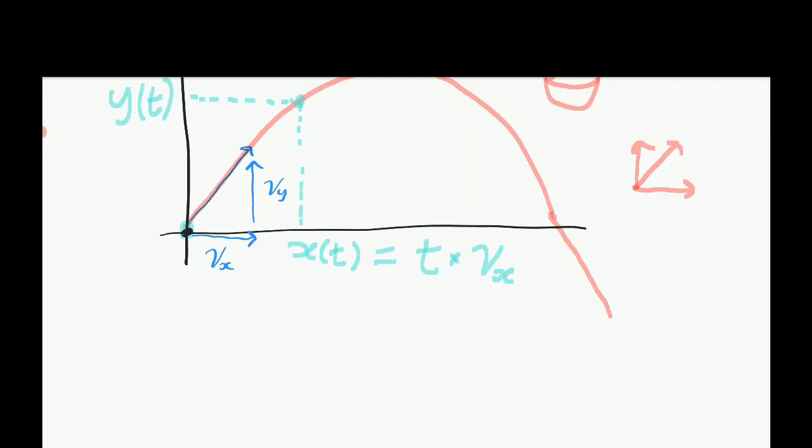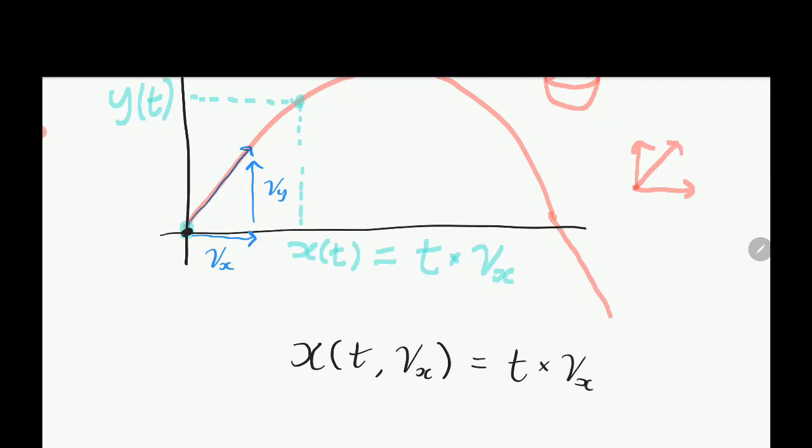So at the moment, I've written x of t equals t times vx, but really, it will probably be more sensible to say that this displacement x depends on the time and the velocity, and it's equal to the time multiplied by the velocity.